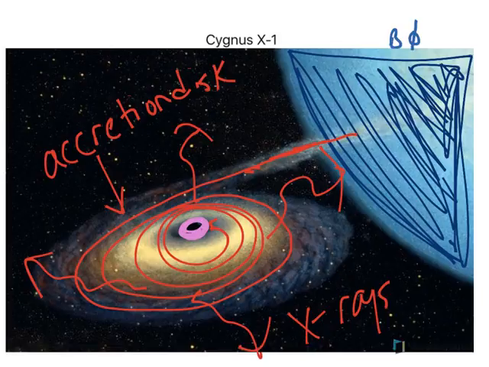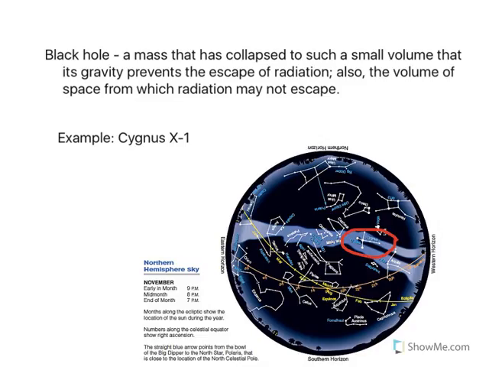But if the X-rays are coming in pulses, then it's going to be a neutron star. So returning to the definition, a black hole is a mass. It is a star that has mass. It's a single object. It is a star.